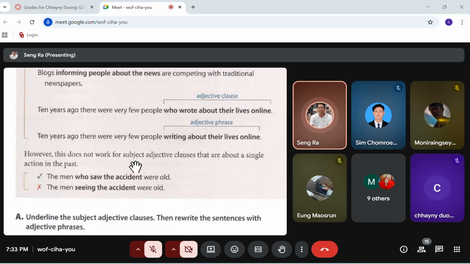This does not work for subject adjective clauses. The adjective clause modifies the subject here, and it's about a single action in the past. So the men who saw the accident were, the men seeing the accident were, you cannot say that.